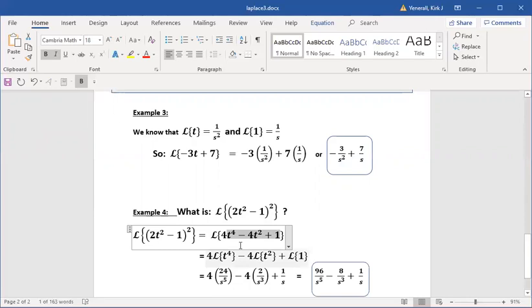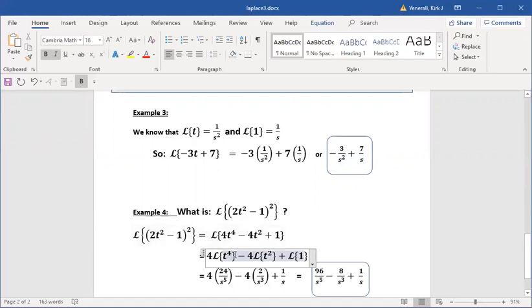The Laplace transform of 4t to the fourth minus 4t squared plus 1 will be 4 times the Laplace transform of t to the fourth minus 4 times the Laplace transform of t squared plus the Laplace transform of 1.